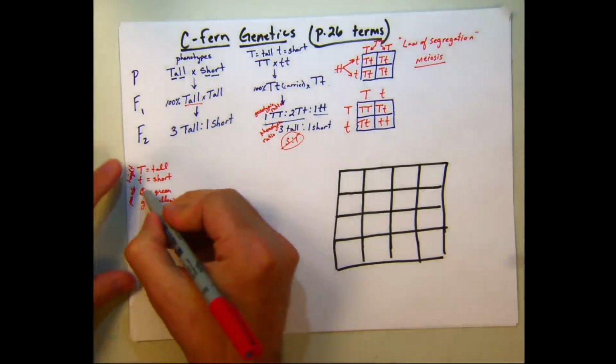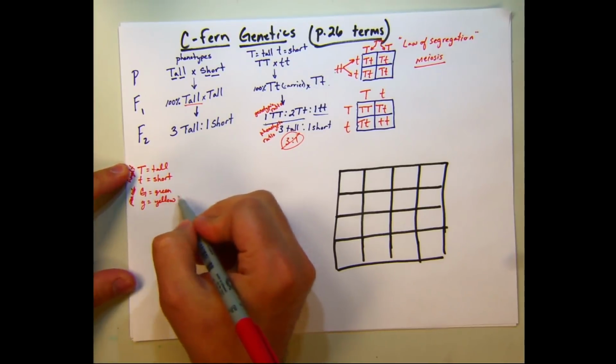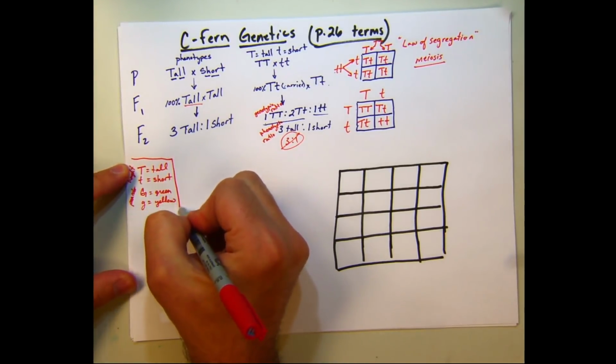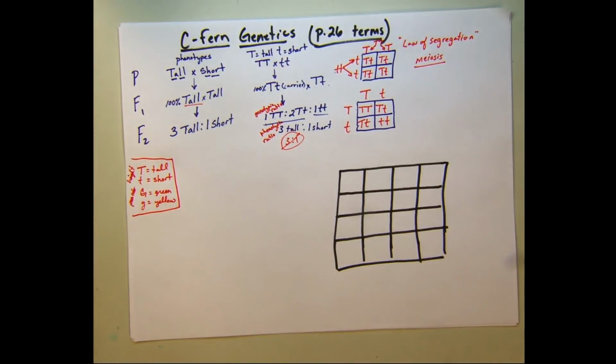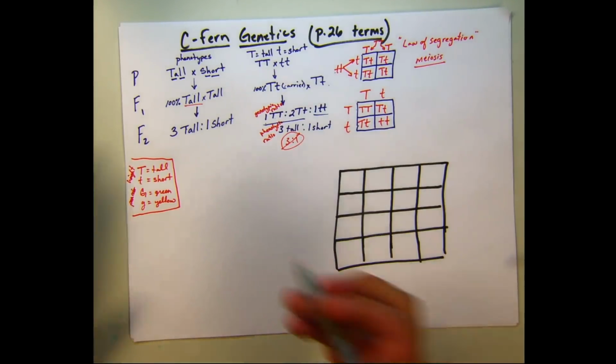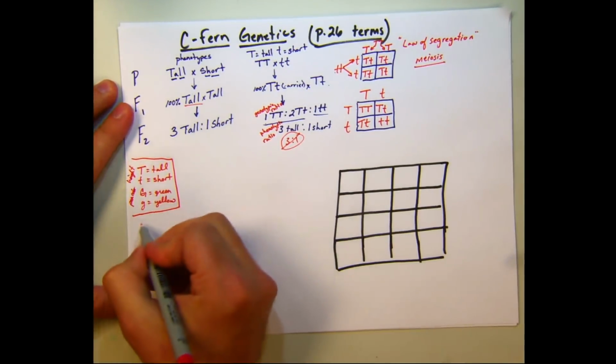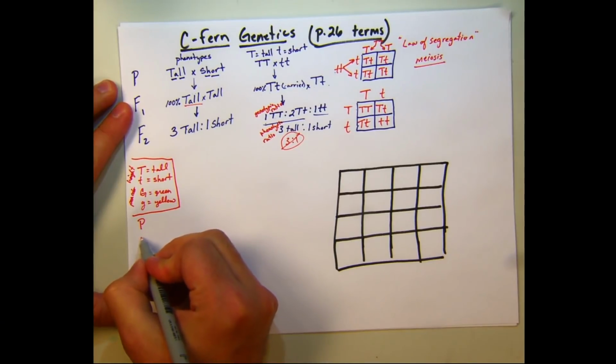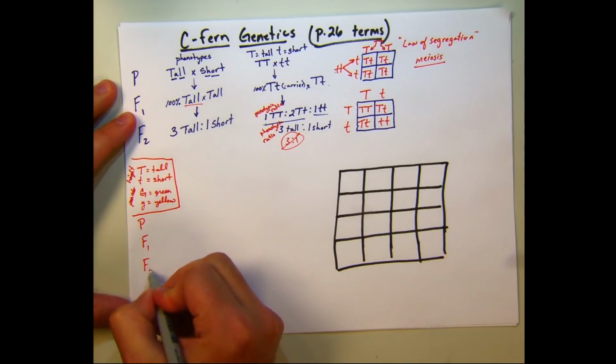So if you have a big G and a little g together, it'll be shown as green. All right, so there's your little legend. So what Mendel did is he did two things. Let's do this just as we did before: parental generation, first generation offspring, next generation.